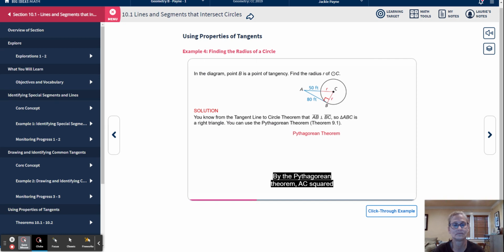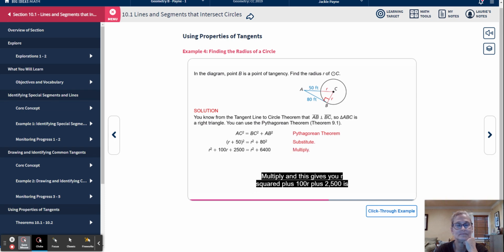By the Pythagorean theorem, AC squared is equal to BC squared plus AB squared. Using the information given in the diagram, substitute r plus 50 for AC, r for BC, and 80 for AB, which gives you the quantity r plus 50 squared is equal to r squared plus 80 squared.